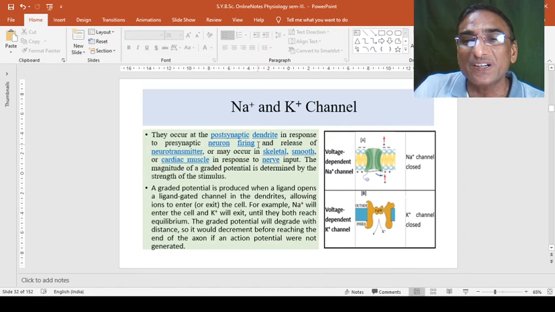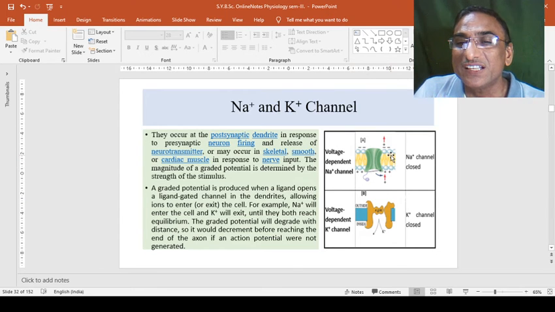There are two different synaptic connections or synaptic transmissions. So these activities are different for sodium and for potassium, as shown in the figure.